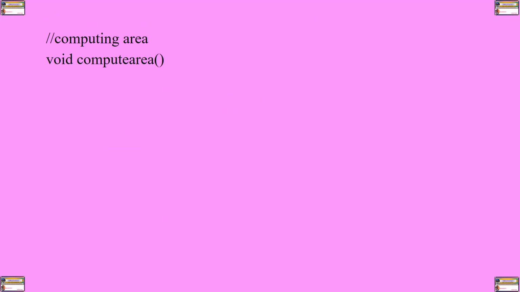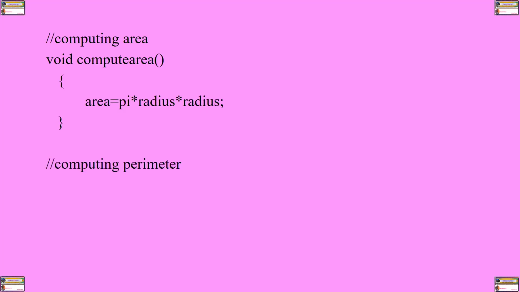The name of this function is compute area. It's not expected to return any value back to the caller. What this function does is compute the value of radius multiplied by itself, and then the result multiplied by the content in memory location called pi, and the result is stored in memory location called area. That's what that function does.